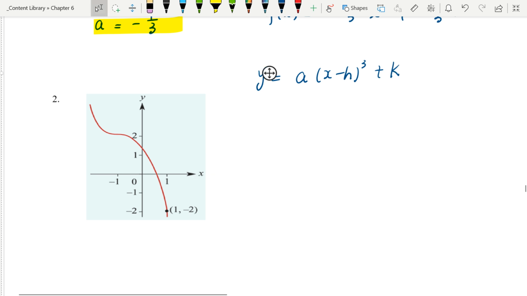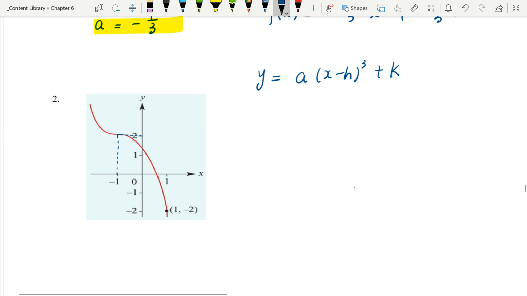Sorry, what? Sign diagrams is learned in differentiation, not this topic. We learn sign diagrams later. What's the stationary point of inflection in this question? Yes, negative 1, 2.